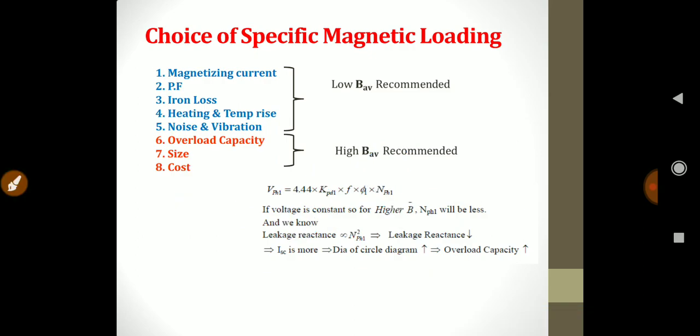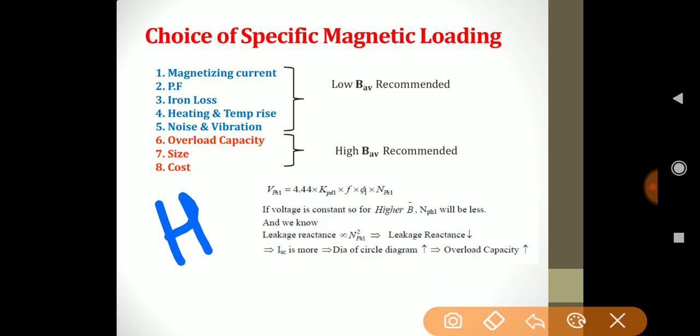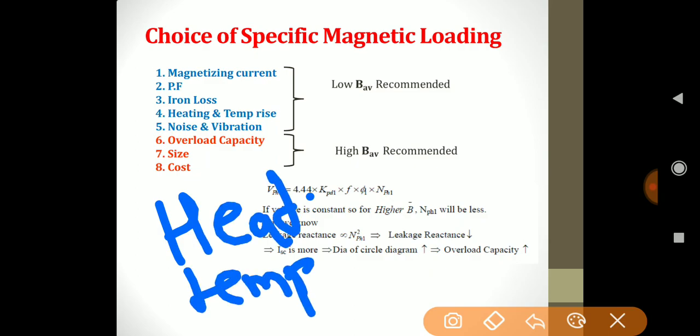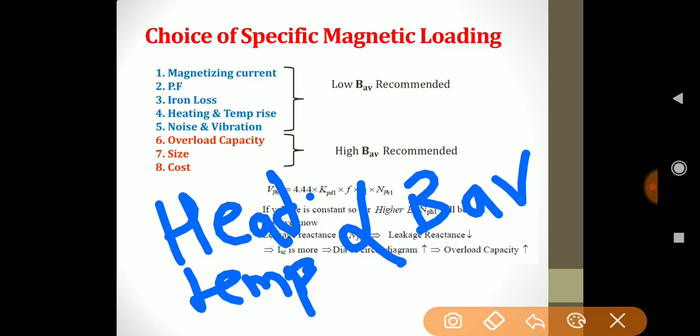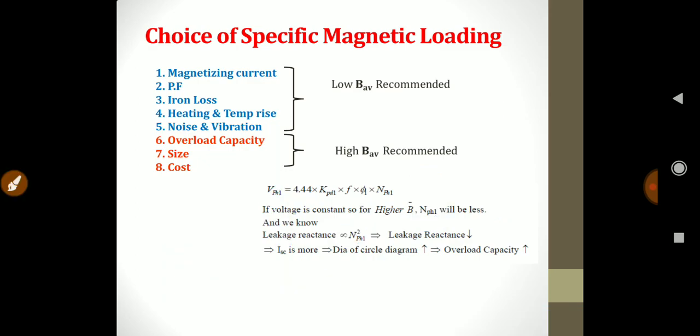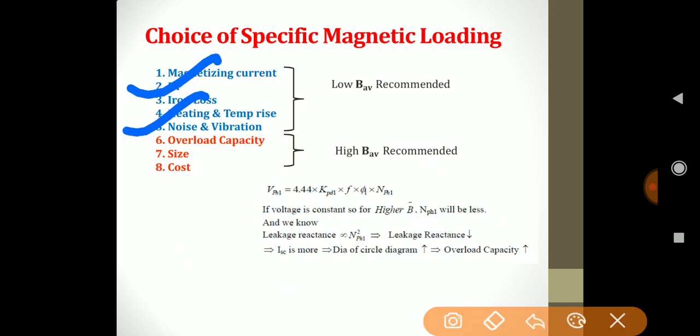Heating and temperature rise: if I want this to be in a specific limit or low, then BAV should be low. Hence again there is direct proportion. Same is the case for noise and vibration. So I hope you have understood these relations.